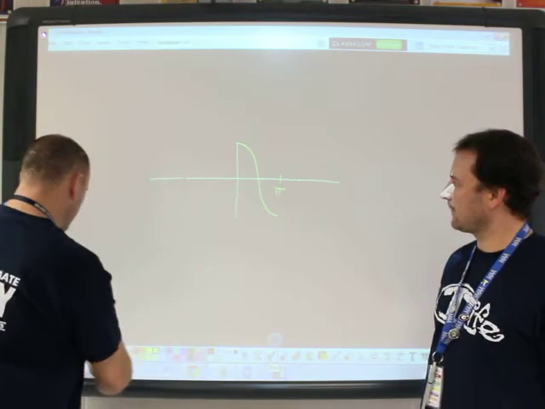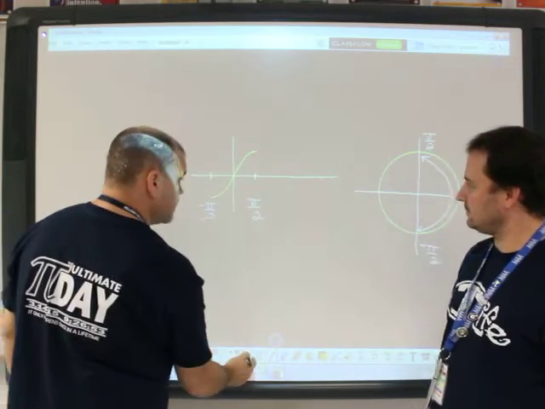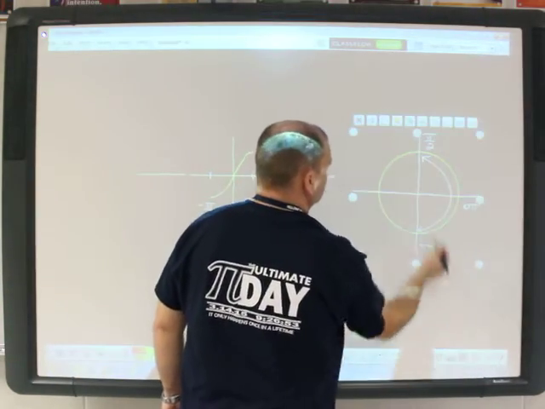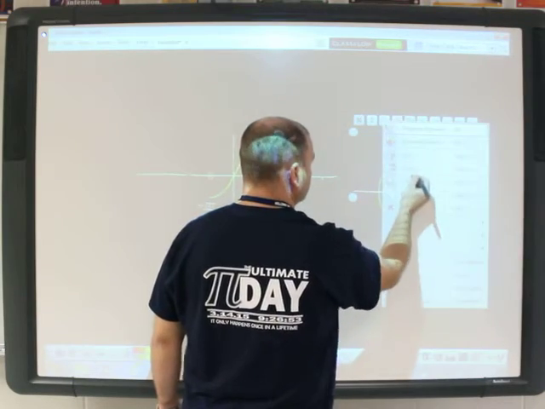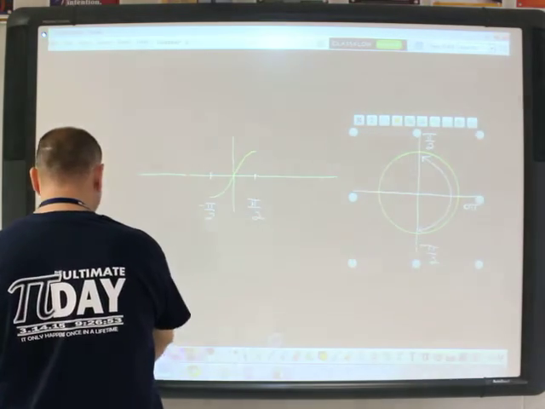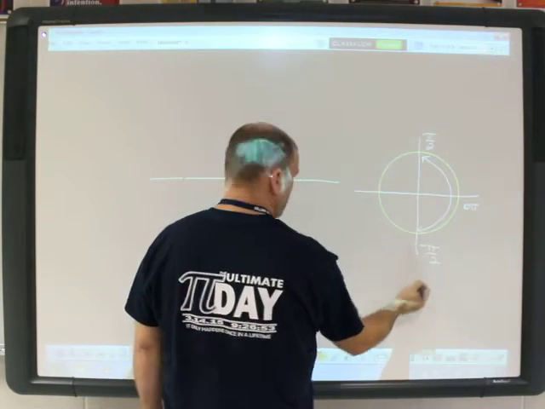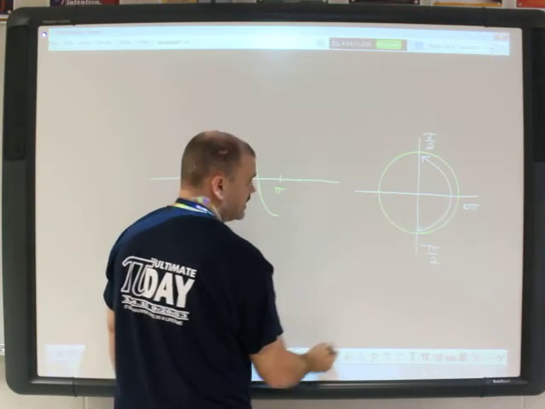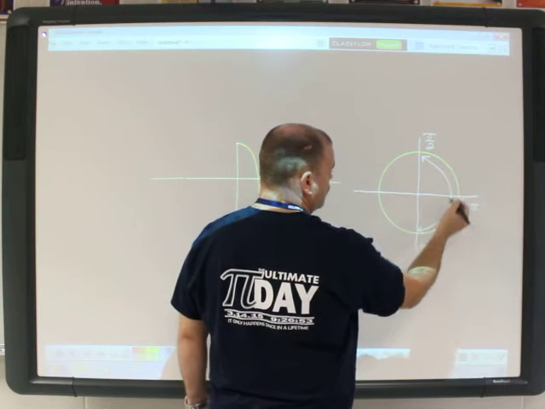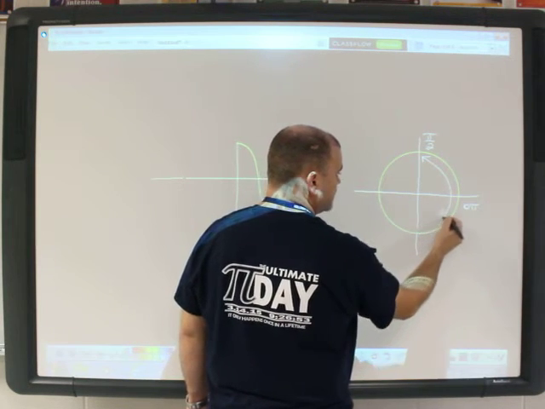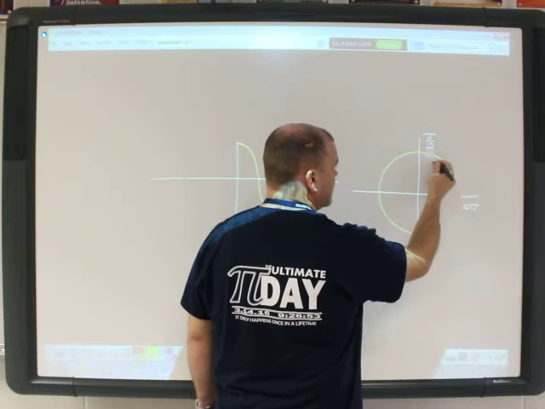So now I'm going to go back and grab this right here, and take that with me over to the cosine one. Remember though, we're not going from negative pi over 2 to pi over 2 like we did in sine.